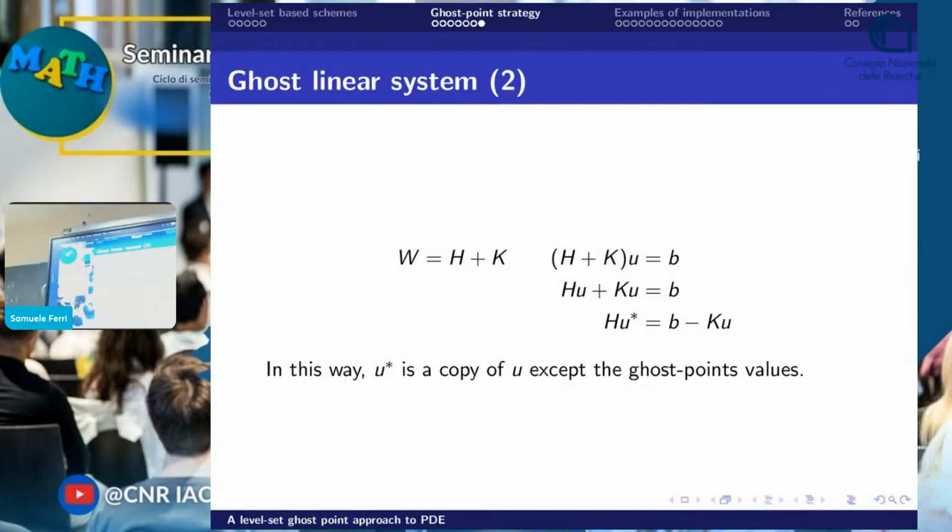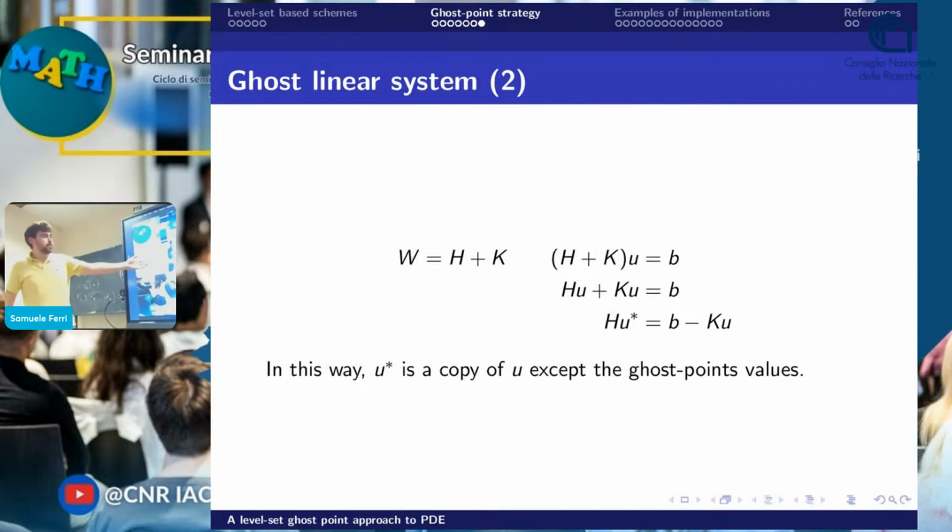In this way, the new vector U star is a copy of the original U, which is the initial condition or the solution at some points in time, except the ghost point values. So we have constructed a virtual copy of the original vector of the solution, the approximation.